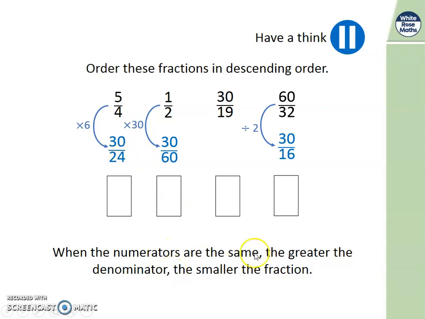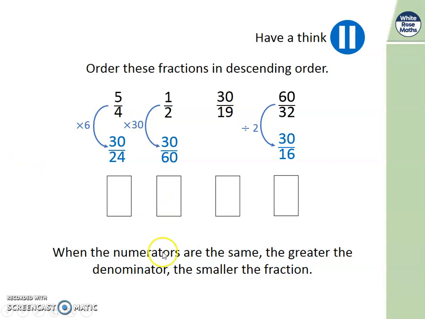Now, when the numerators are the same, 30, 30, 30, 30, the greater the denominator, the smaller the fraction. So which one has got the greatest denominator? But let's check. It's asking us to order them in descending order. So we've got to switch the order around and begin with the largest one.